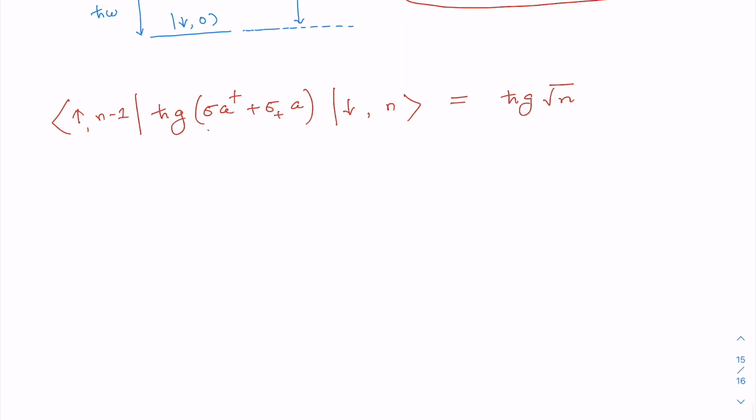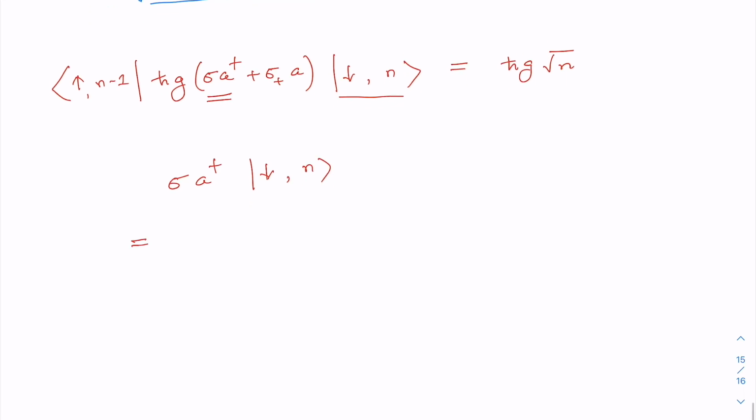Let us see the action of this operator on the state. Say sigma minus a dagger, this one. This is the atomic lowering operator, sigma minus.